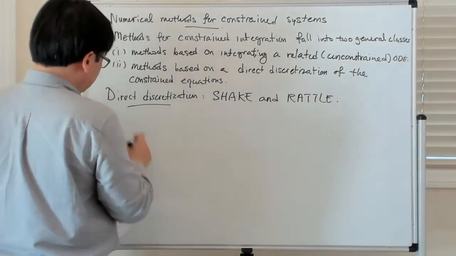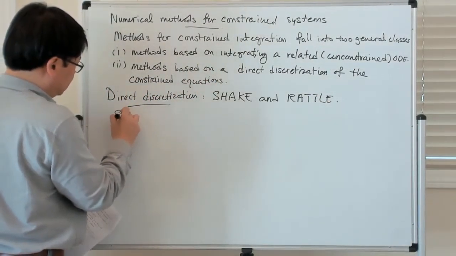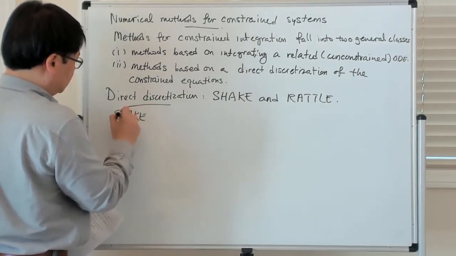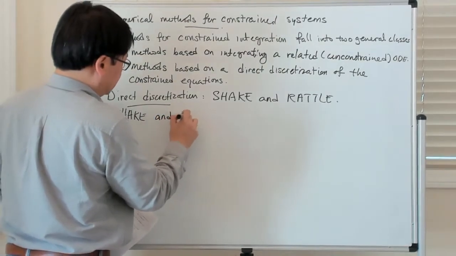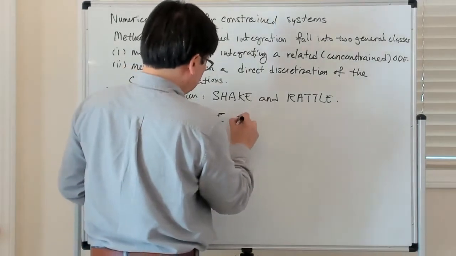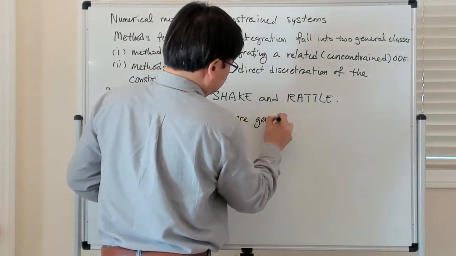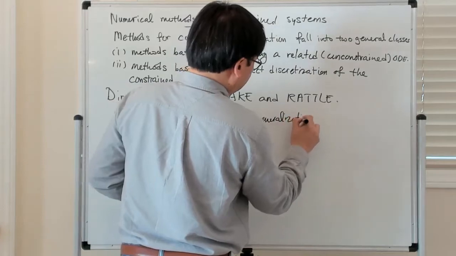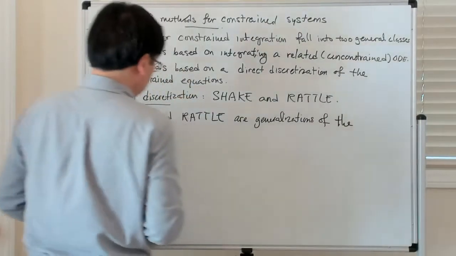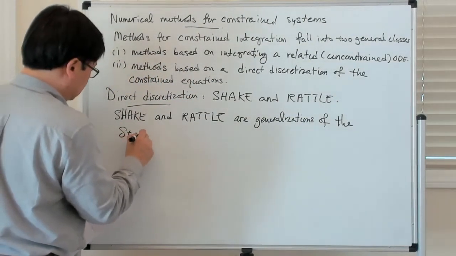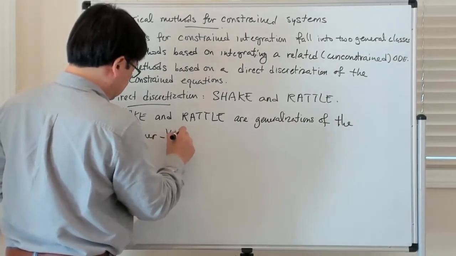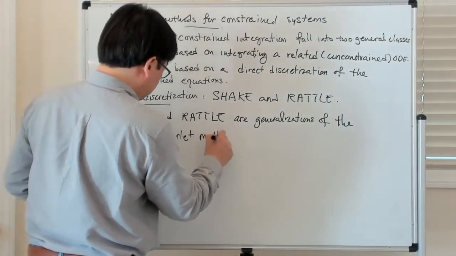Shake and rattle are generalizations, if you will, of the Störmer-Verlet method to constraint systems.